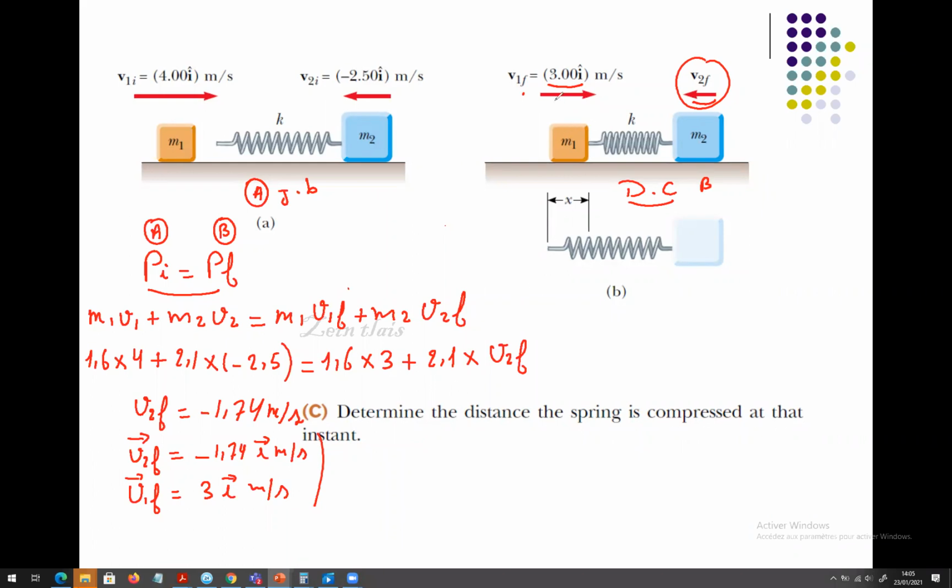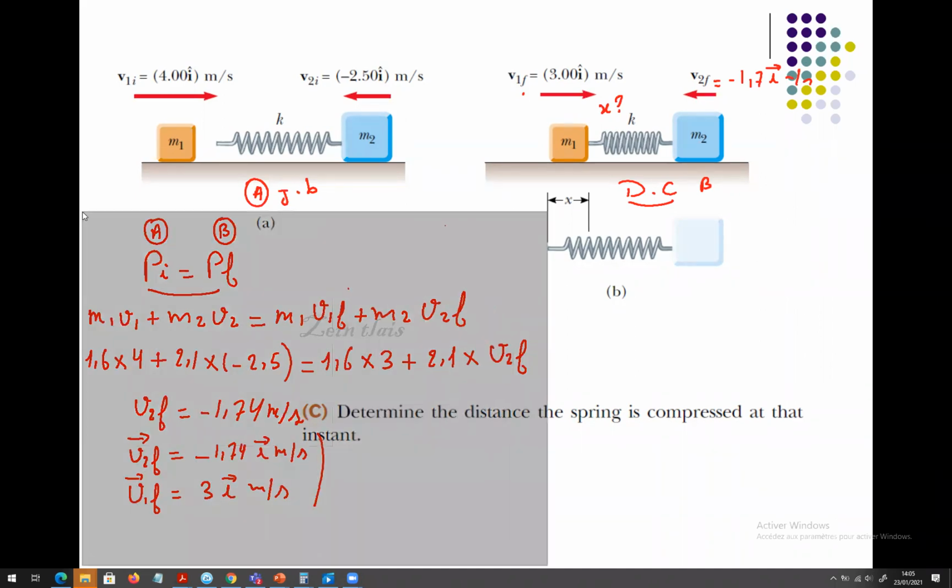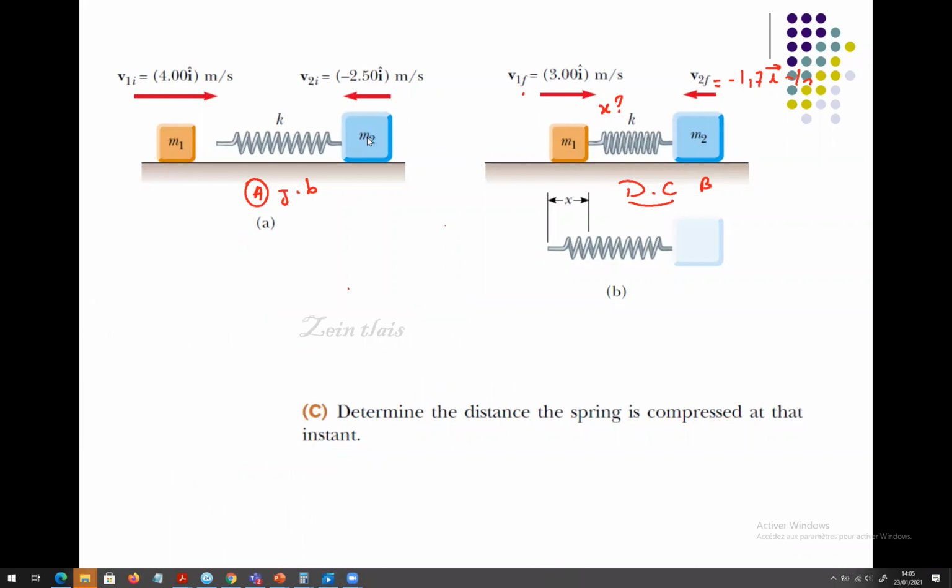When we have V1 final equals 3 m per second and V2 final equals minus 1.7 m per second, I have to calculate X. So here, during the collision with this situation, V2 final equals minus 1.7 i m per second. I need to calculate X.